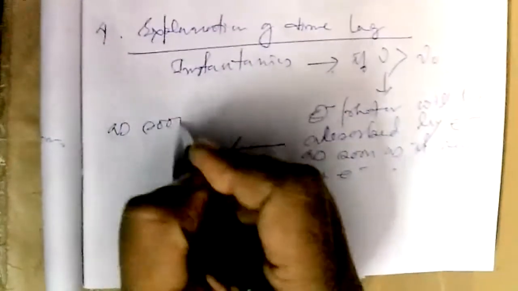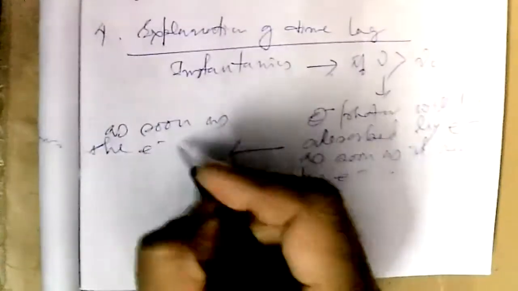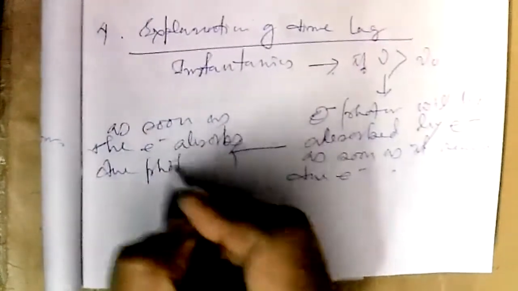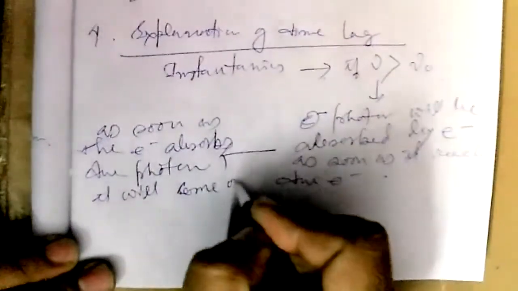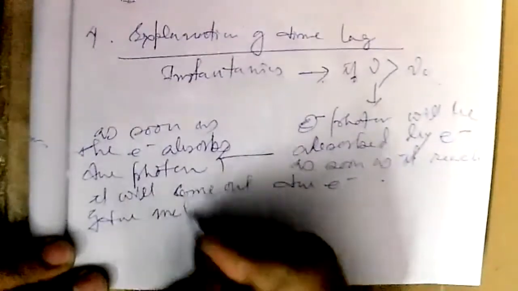As soon as the electron absorbs the photon, it will come out of the metal surface.